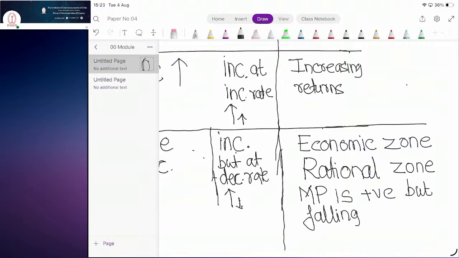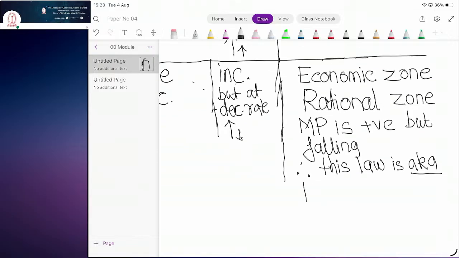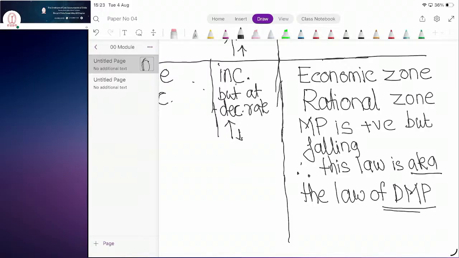Okay, marginal product is positive but falling, and therefore this law is also known as the law of diminishing marginal product.